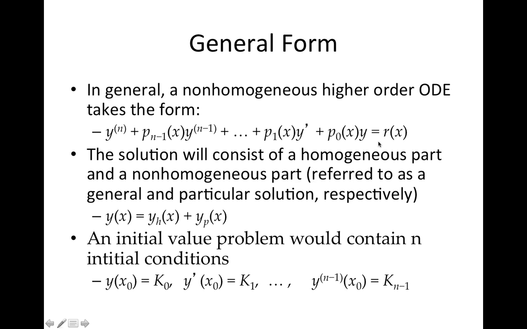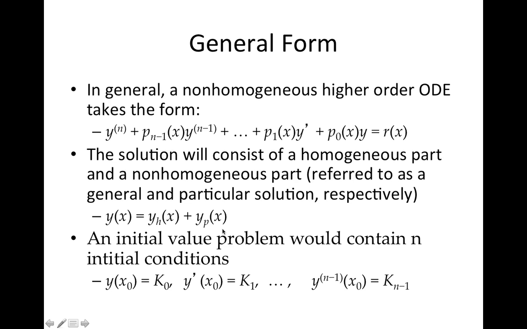So in other words, if I come in here and I set r of x equal to 0 and solve the differential equation, I get this homogeneous part. Now, then I need to go in and figure out what the contribution of the inhomogeneous part of the equation is, and that's what's referred to as the particular solution.